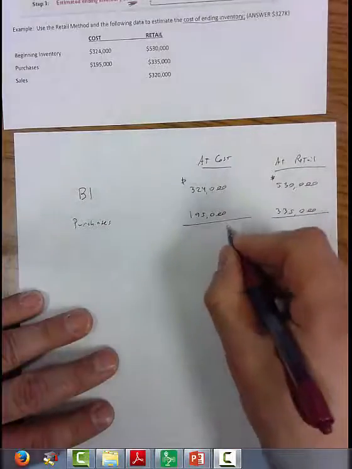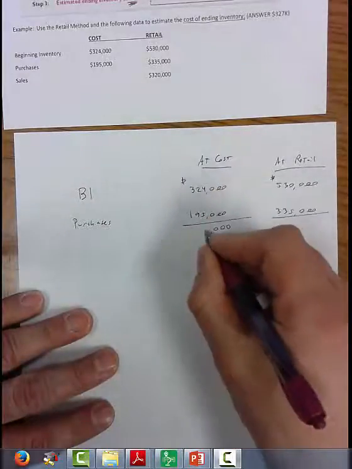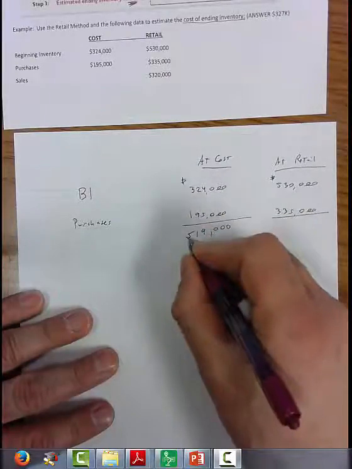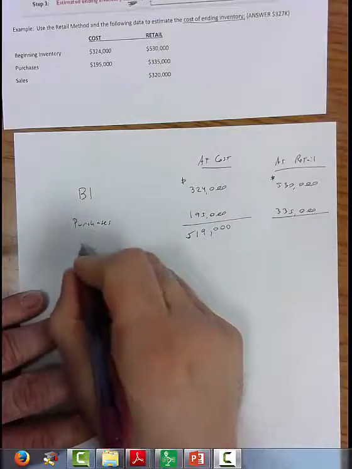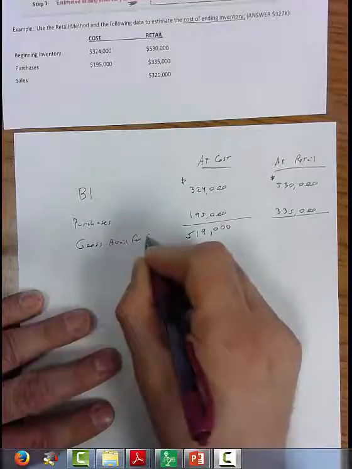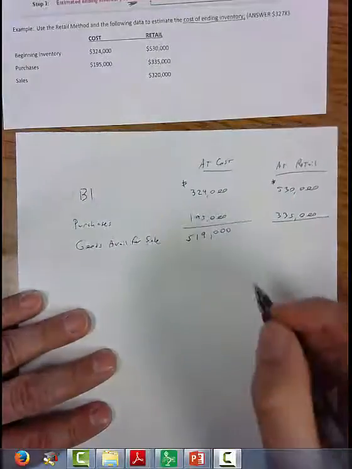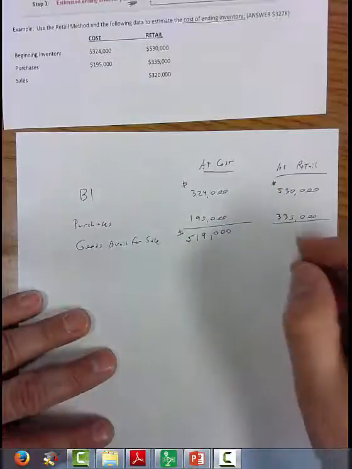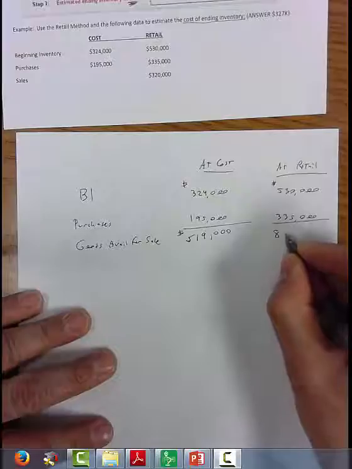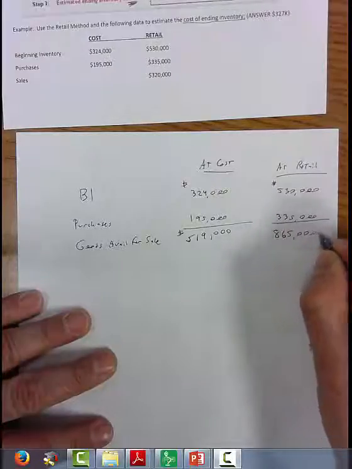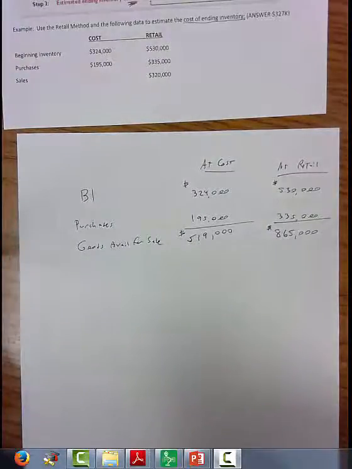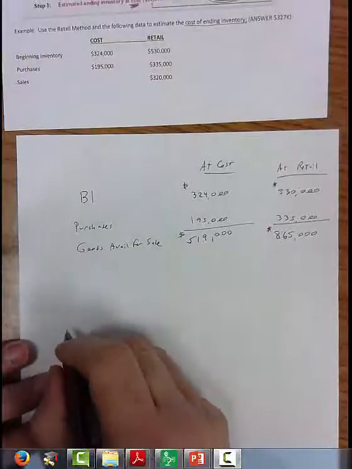So now we add those up. That's $519,000, and that is goods available for sale at cost. If we add these two up, we get $865,000.